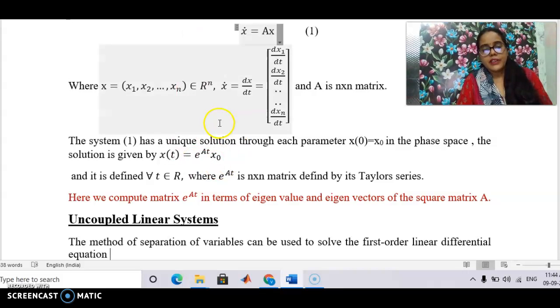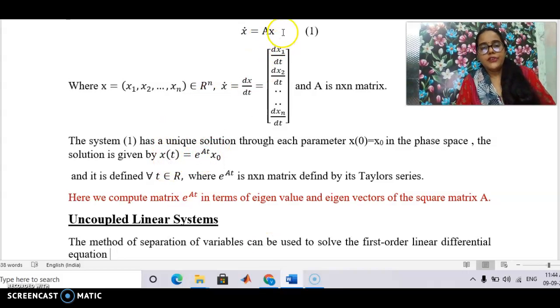Now, the main work is to compute the exponential e to the power at. This e to the power at is computed with the help of capital A by finding the eigenvalues and corresponding eigenvectors of this matrix A. Here we compute the matrix e to the power at in terms of eigenvalue and eigenvector of the square matrix A. This method is known as the eigenvalue eigenvector method.